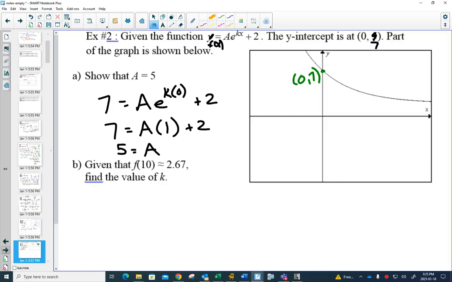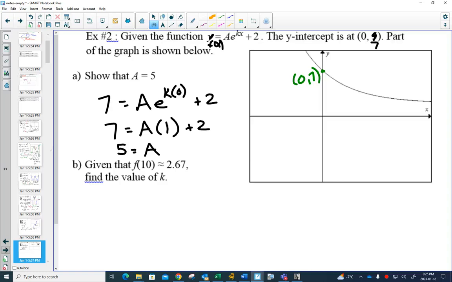Then, stage or part B of solving this question: well, what the heck do I know? I know I have that equation. I know I have that point. So I guess I could plug in 0 for x and 7 for y. I don't know if this will help me, but I'll try it. That's a typical problem-solving way of solving.